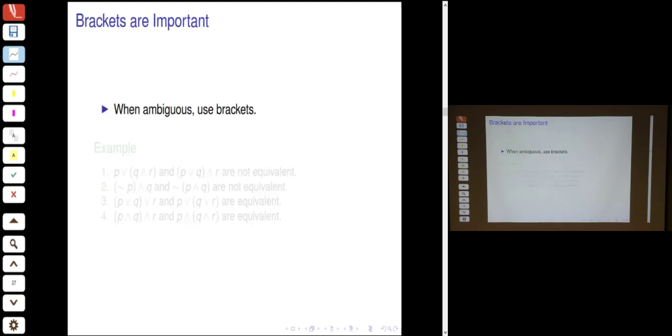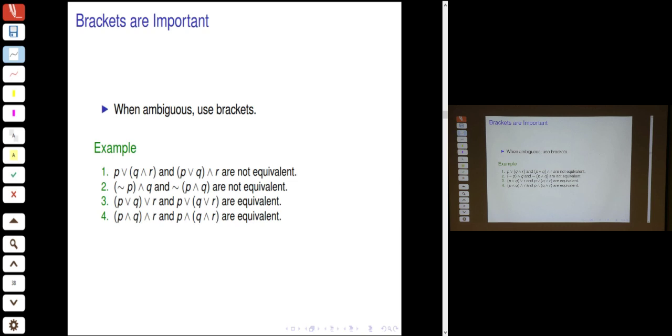Now, the sentences could be very, very long. Sometimes there are several ways of reading it. To make sure that there's only one way, there's no ambiguity, we can add brackets. Let's see some examples.